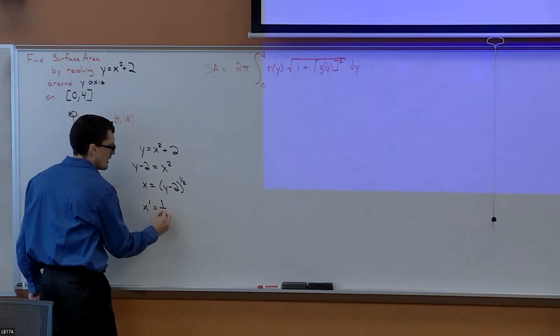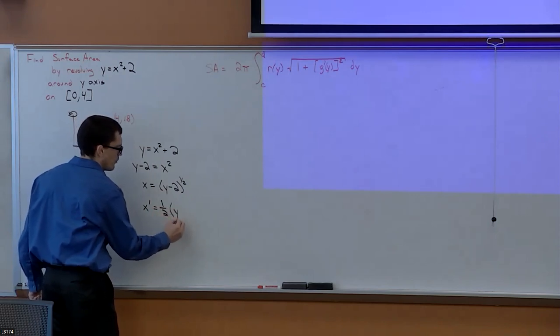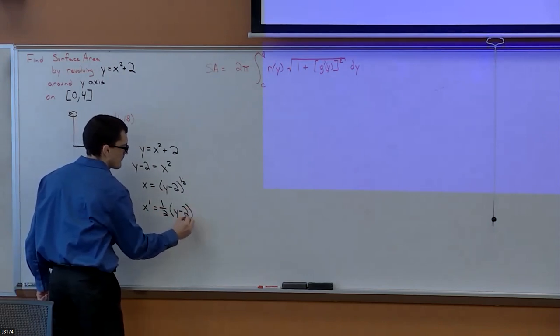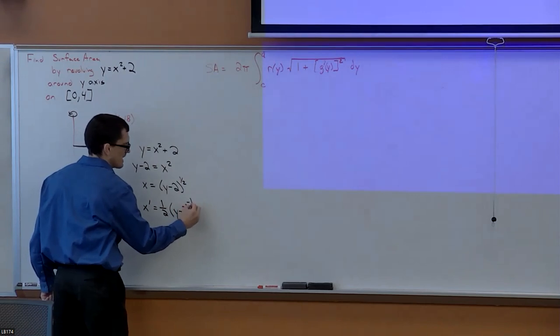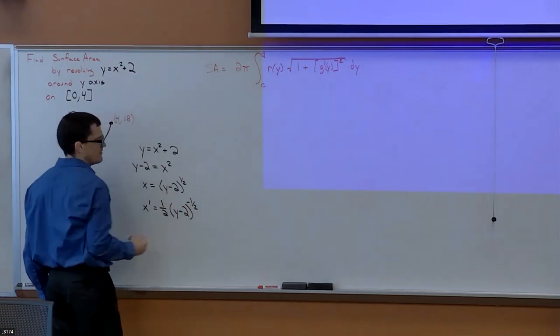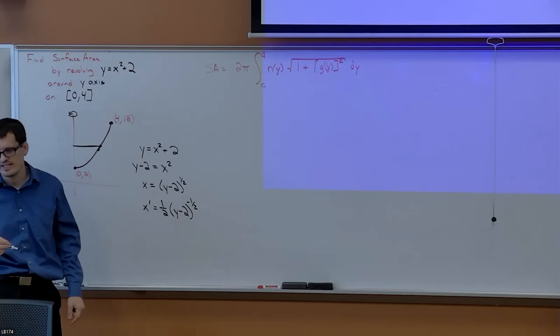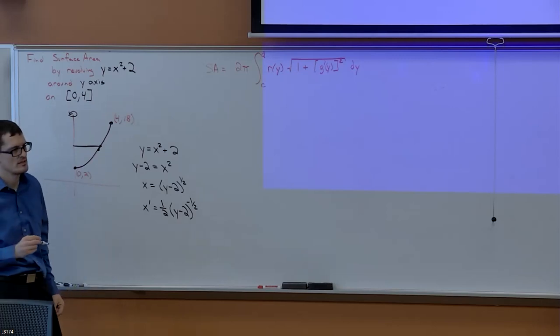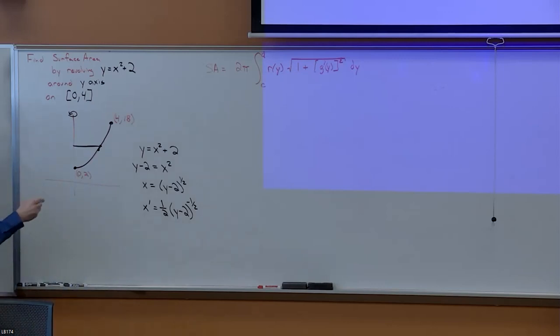So take the 1/2 power, y minus 2. If I subtract 1 from a half, 1/2 minus 1 is negative 1/2. Then I multiply by the derivative of the inside function. Since the derivative of the inside function is 1, I don't have to deal with that. Okay.